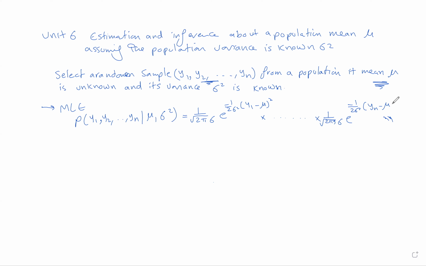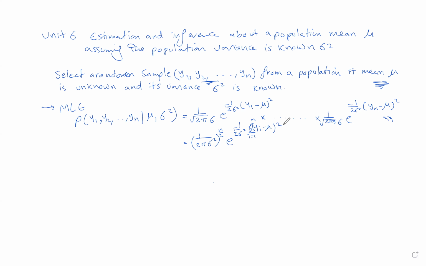So 1 divided by square root of 2 pi sigma, e to the power negative 1 divided by 2 sigma square, yn minus mu square. When you multiply these together, you get 1 divided by 2 pi sigma square, all to the power n over 2, e to the power negative 1 divided by 2 sigma square, sum over i equal 1 up to n of yi minus mu square. This is the joint probability function of y1 up to yn, if we assume mu and sigma square are known.